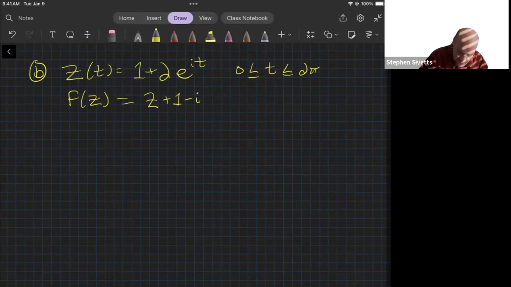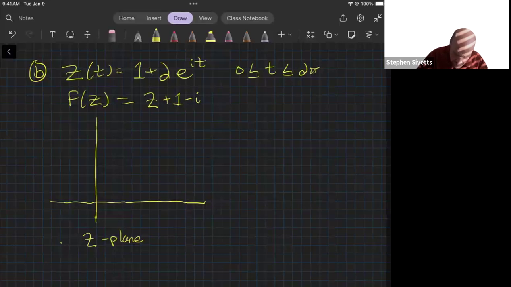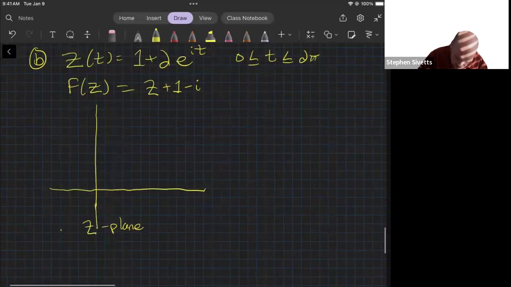Okay, now you've worked on this example. Let's look at what the parametric curve z of t will look like. Well, it's a circle. On the z plane, we will look at a circle of radius 2, and the center is at 1 plus 0I.